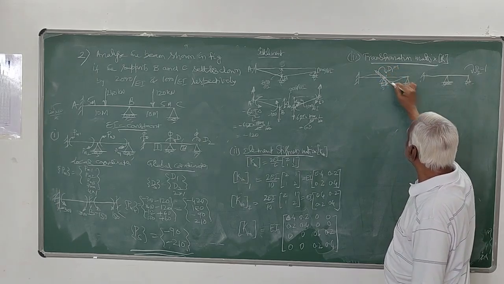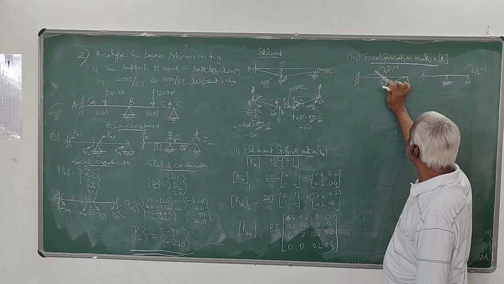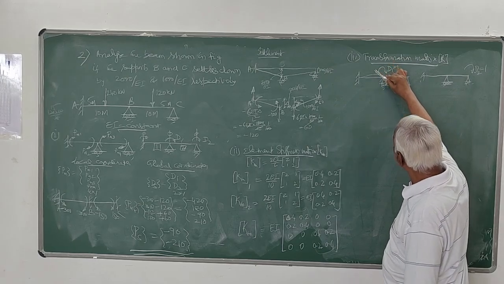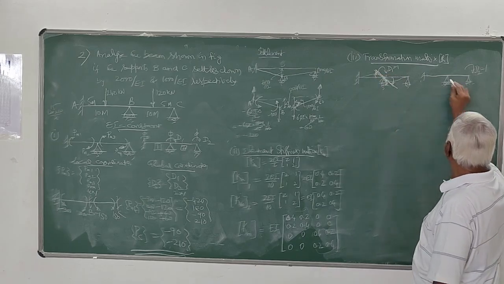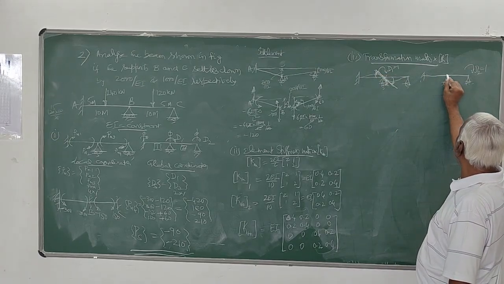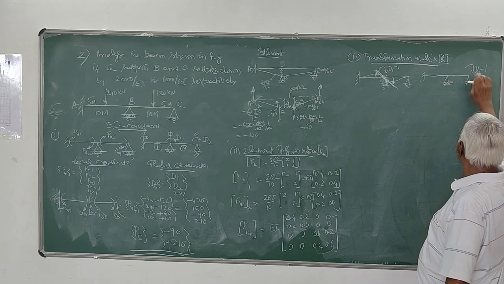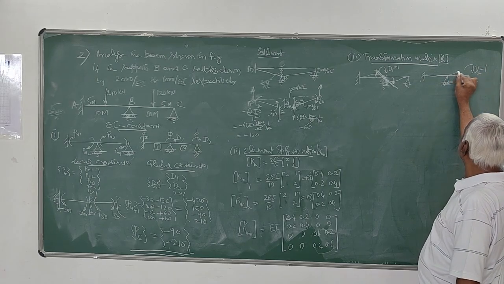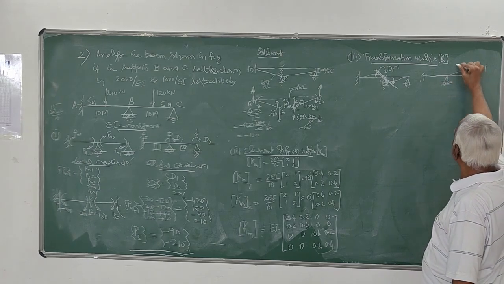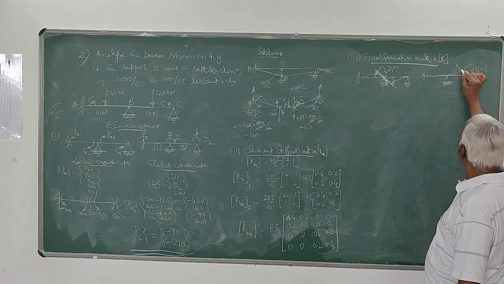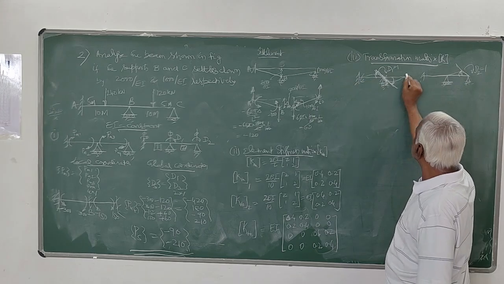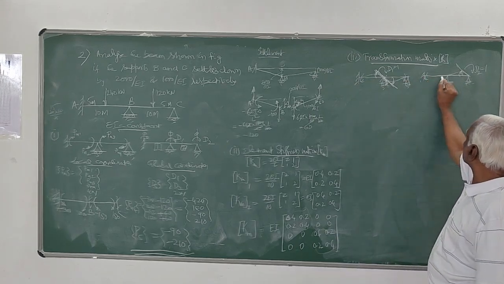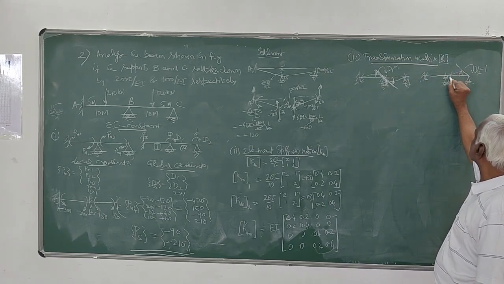We have given it like that. Here is 0, here is 0, here is 0, 0, 0.